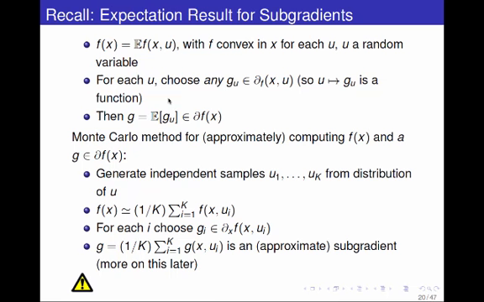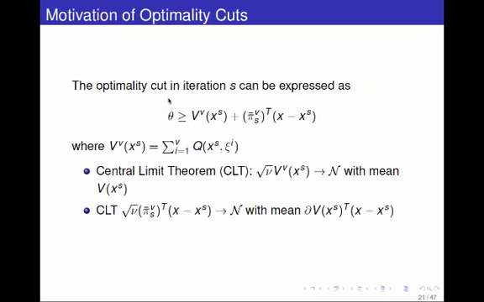You would pull out a bunch of independent samples of u and average them, and you would say, here's an estimate of f of x. In the same way, you can provide an estimate of the subgradient of f of x using this result. You generate a bunch of independent samples of u, you compute their subgradient at a certain x, you average them, and you report this as an estimate of the subgradient of f of x. So that's basically the justification we're using for the cuts I showed you earlier.